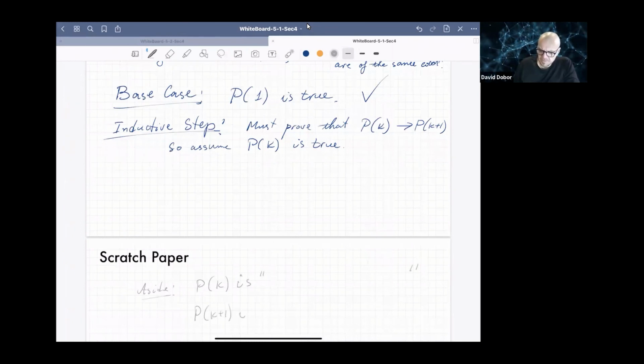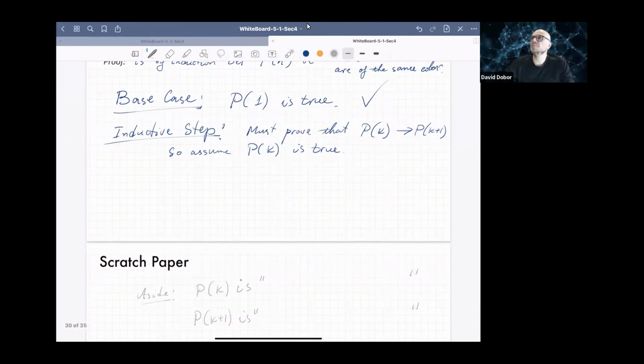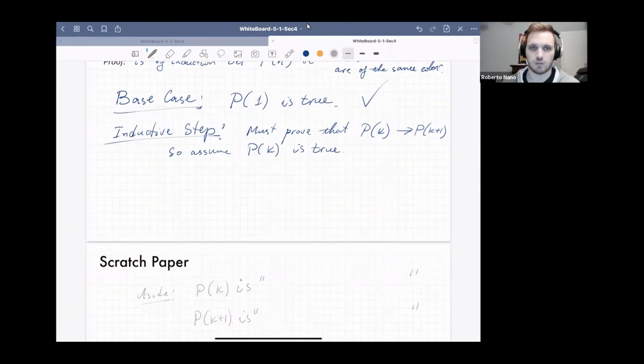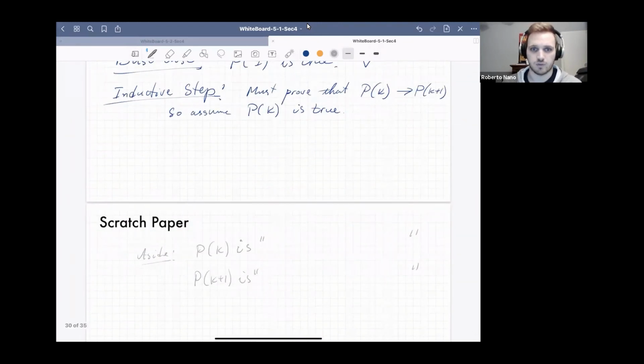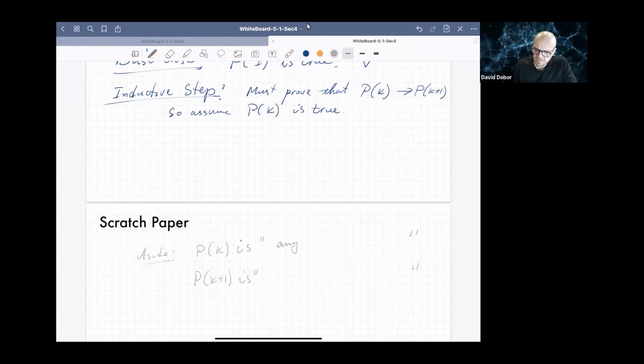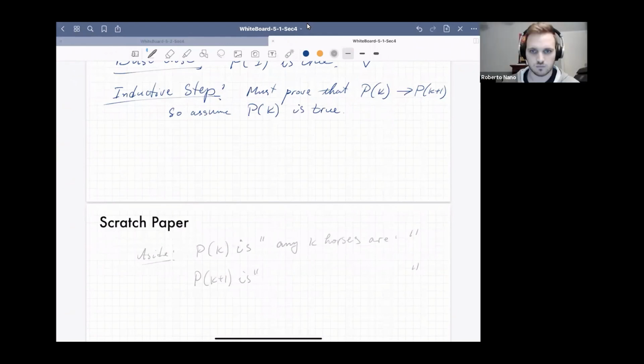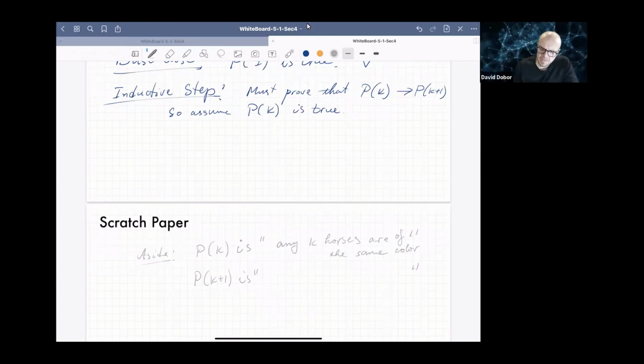So what is it that I'm proving? I'm assuming P of k is true. P of k is: for some number k, k horses are all of the same color. Any k horses are of the same color. Okay, that's P of k.